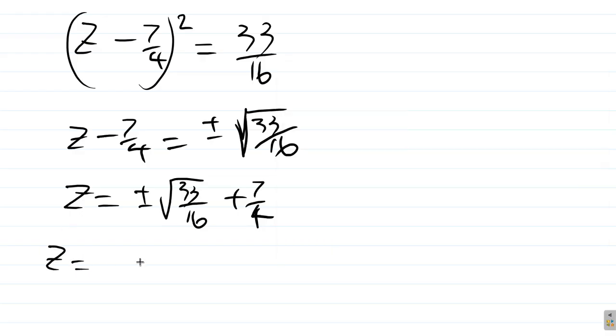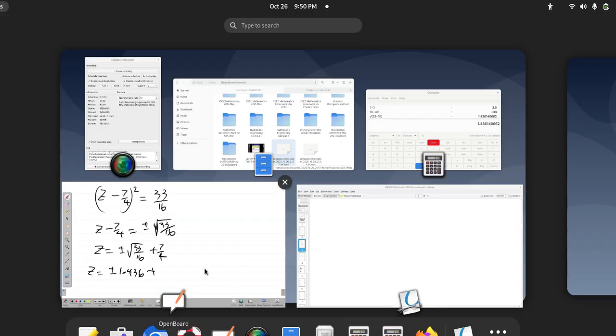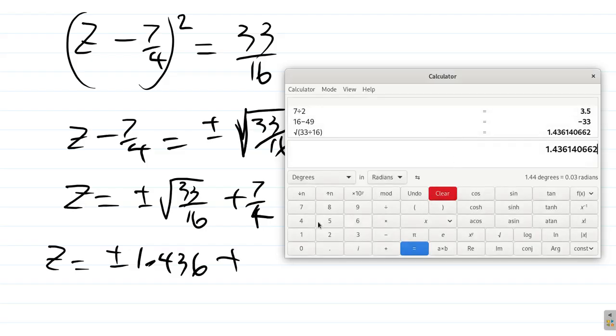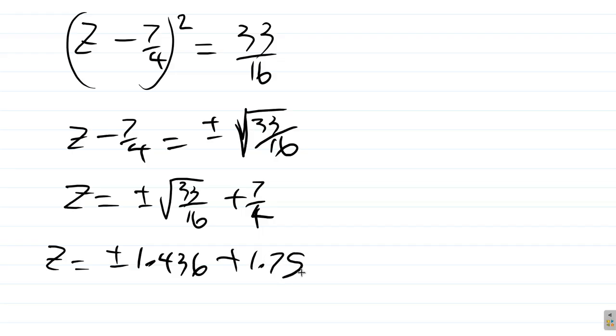So z is equal to positive and negative 1.436 plus, let's just write the 7 over 4 as a decimal, since we're dealing with decimals. 7 over 4 is equal to 1.75.